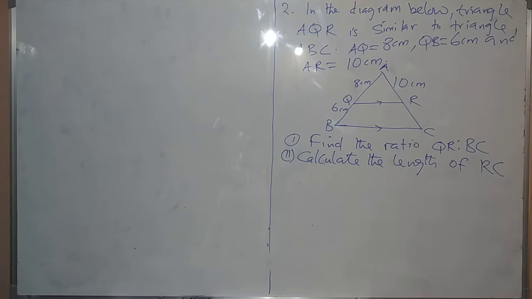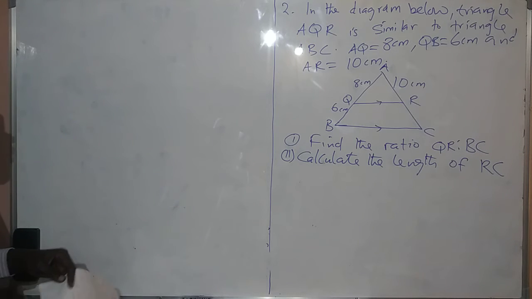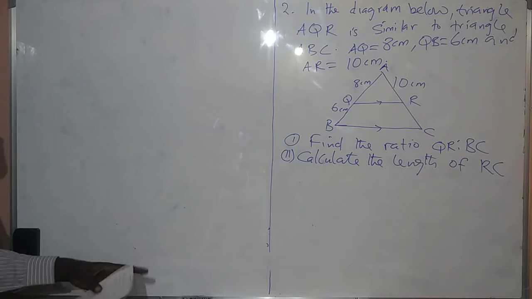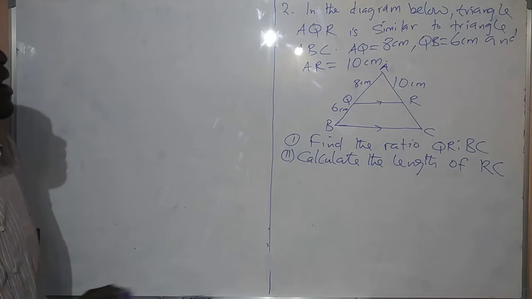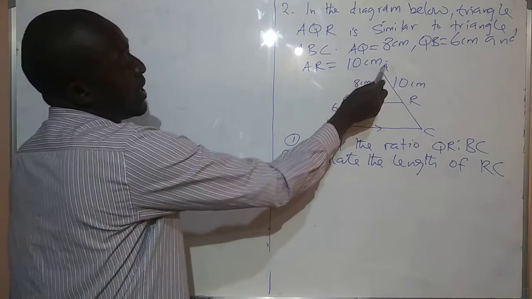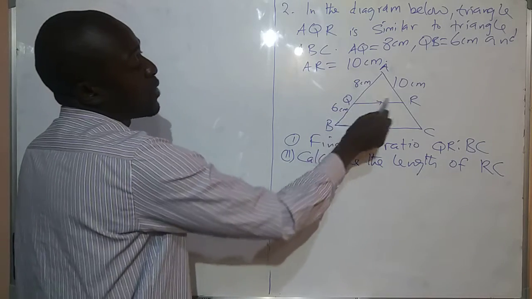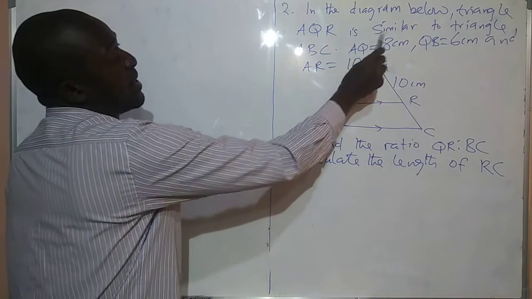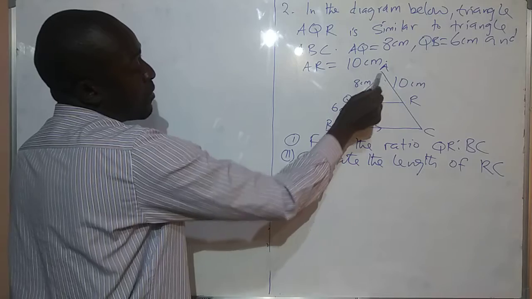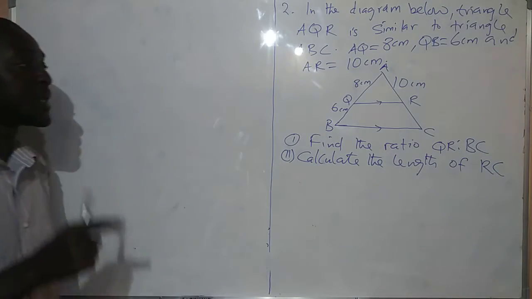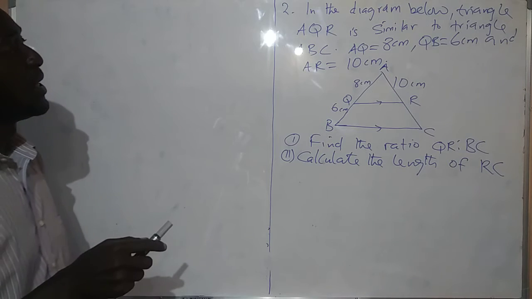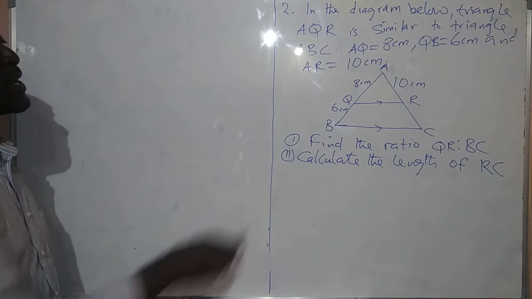Now let's look at the question. In the diagram below, triangle AQR, the small triangle on top here, is similar to the big triangle ABC, the whole thing you are seeing here. There are two similar triangles, AQR and ABC, and the numbers are given.